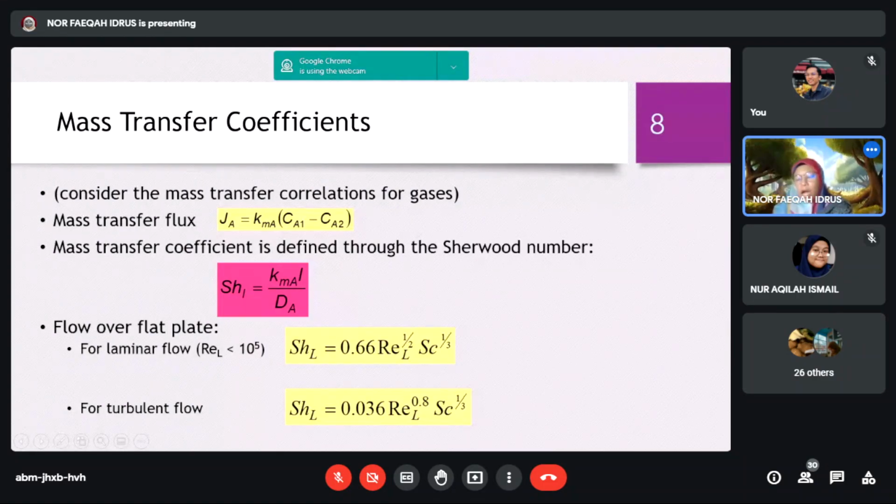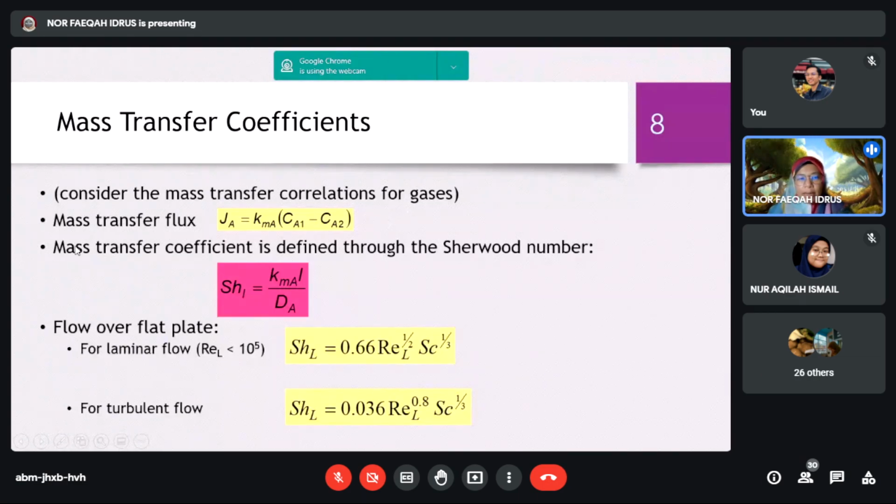Okay, so mass transfer coefficient. So Km, how to calculate Km and where this Km comes from. Actually you have learned it in transport phenomena. Consider the mass transfer correlation for gas.